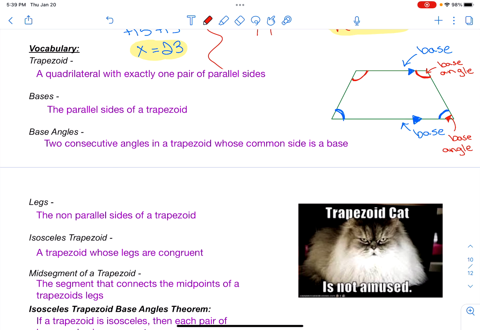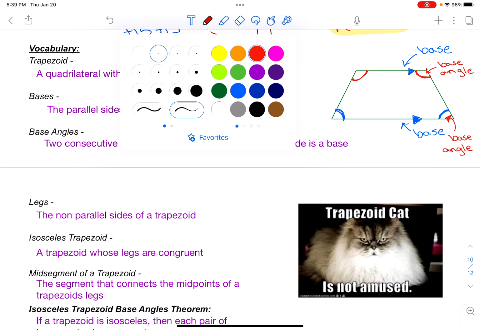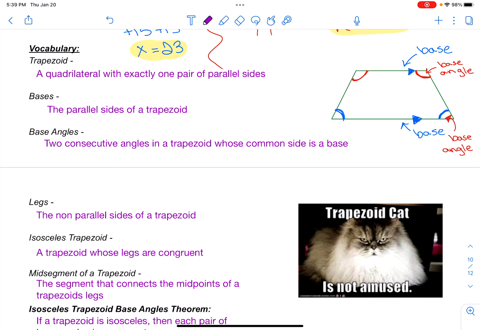And then your legs are the non-parallel sides. So in this case, the left and the right side are your legs.